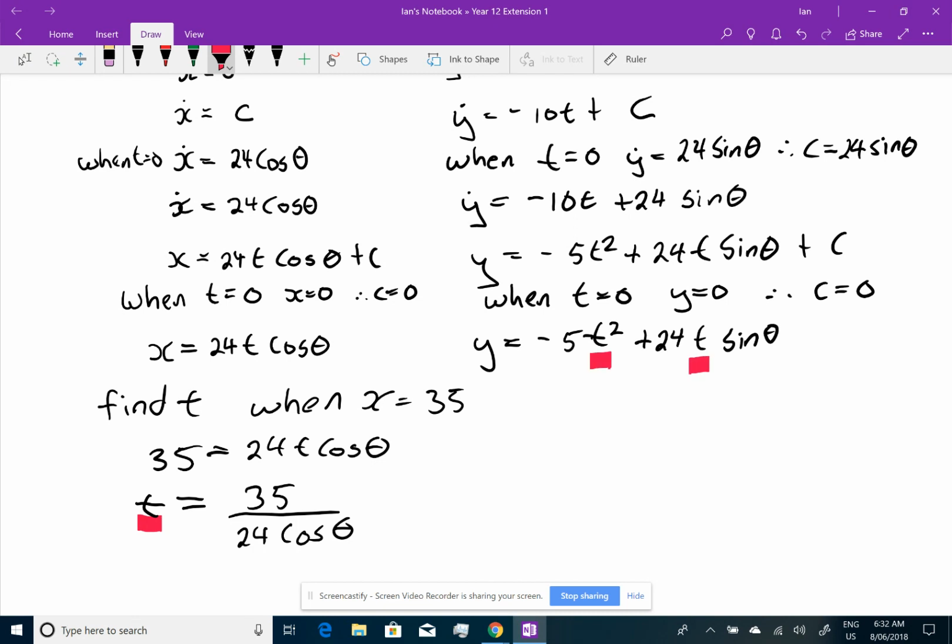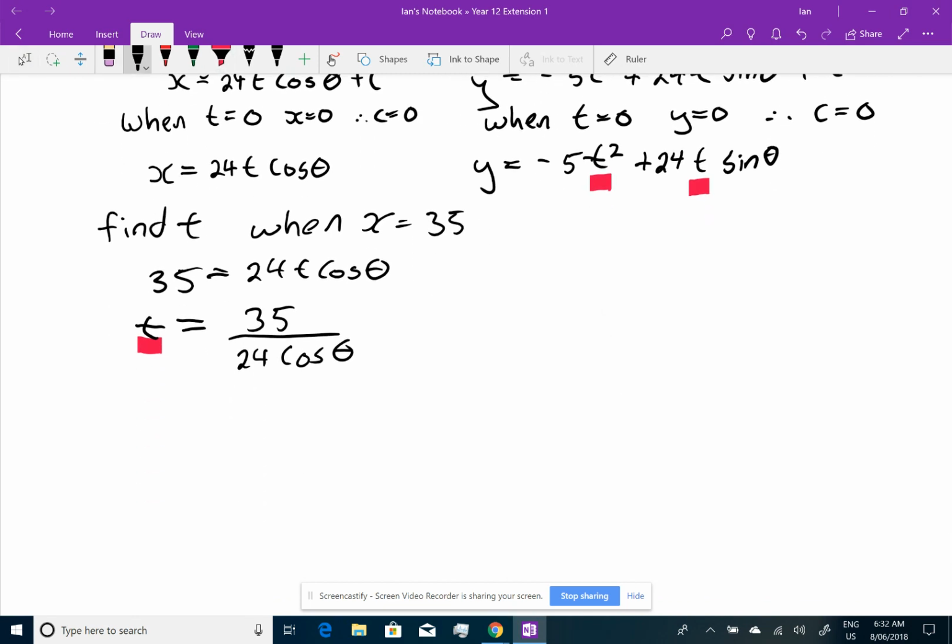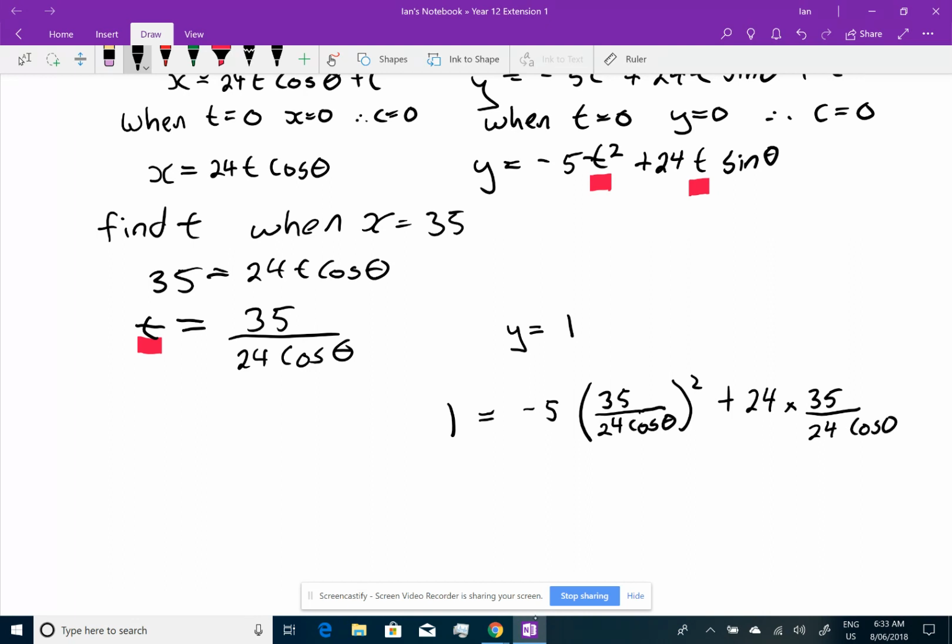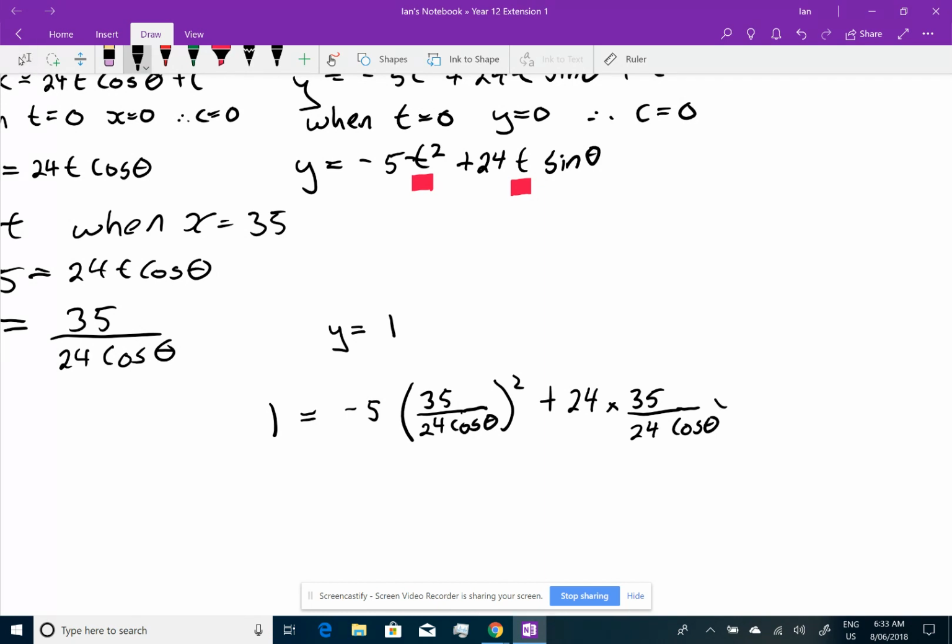And let's see what we get. And what do we know at that time? We know that y equals 1 at that time. So 1 equals minus 5 times 35 on 24 cos theta squared plus 24 times 35 on 24 cos theta times sine theta.